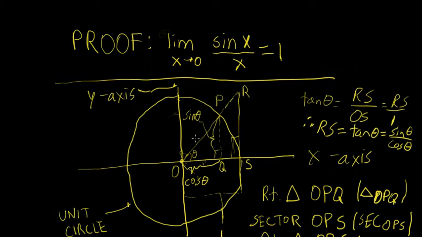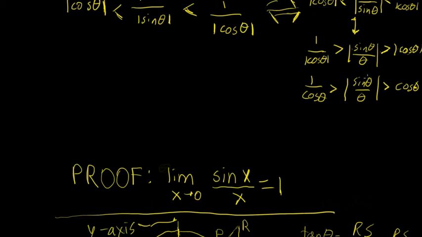So sine theta over theta in the first quadrant will be a positive over a positive, which will be a positive. In the fourth quadrant, you'll have a negative over a negative, which will also be a positive. So there's no situation close to theta equals 0 where sine theta over theta is a negative number. Sine theta over theta is always positive close to theta equals 0, regardless of whether theta is positive or negative.